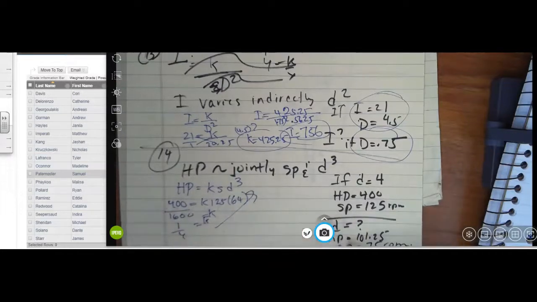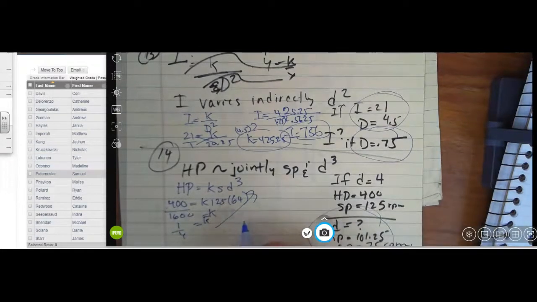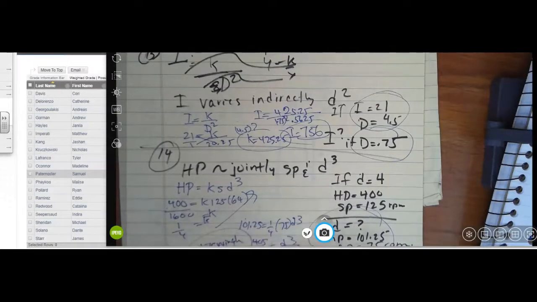You put that back in using these numbers right here, and you're going to get 101.25 equals 1/4 times 75 times d cubed. You do that, and you're going to get 405 over 75 equals d cubed, and d is equal to the cube root of 405 over 75. Therefore, d is equal to 1.7544 inches. So the disc diameter goes down if you're going slower.